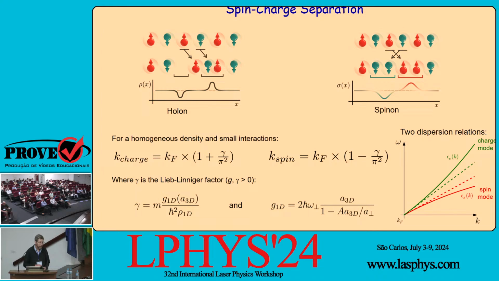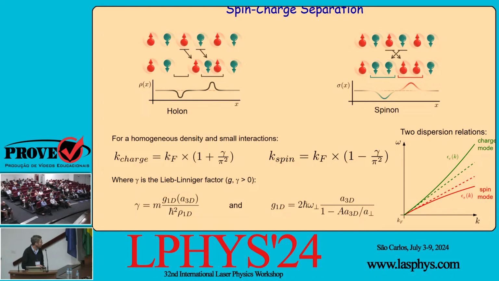And so that means if you create a spin and a charge excitation, and they start moving down the wire, the charge is going to get ahead of the spin, and eventually they'll be at some distance from one another. And when you think about it, that's pretty weird, because these are electrons. You would expect them to be inviolate chunks of matter, but this is a many-body effect, and those perceptions don't apply.